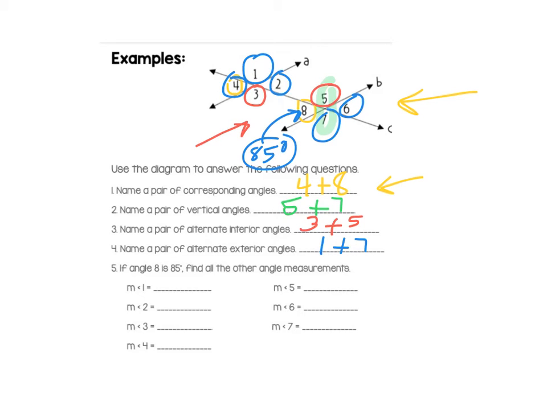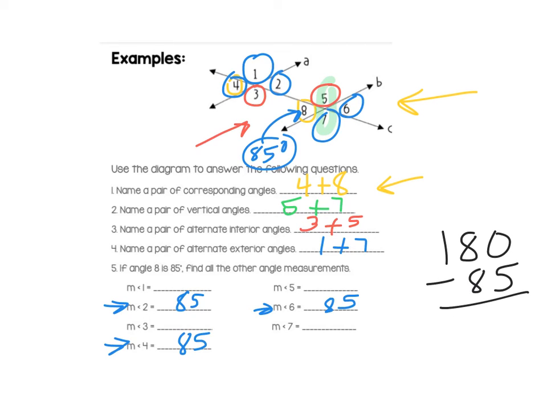Those are all 85 degrees. And then to get that other measure, you use 180 and subtract 85 from it. And then whatever you get here, that's going to go in all the rest of the angles. Hopefully it makes more sense after you go through the notes, but if you need help on this, I can go through it with you.